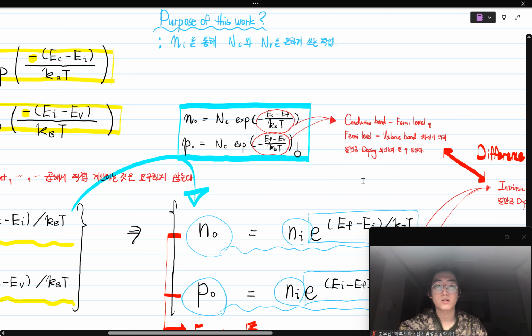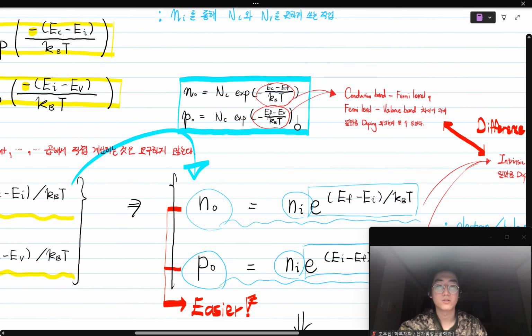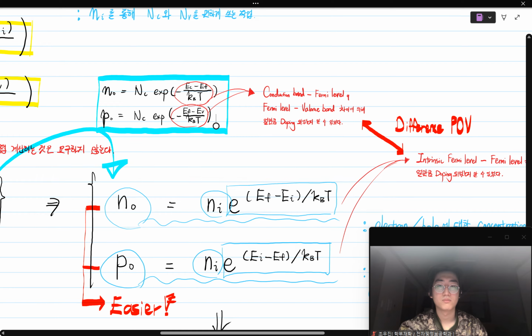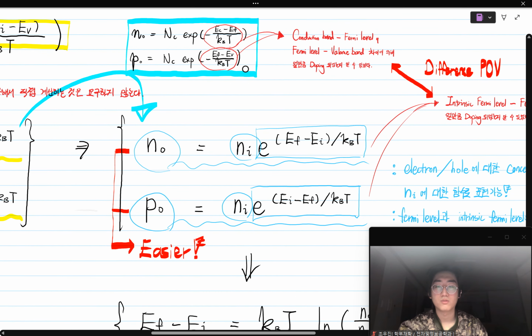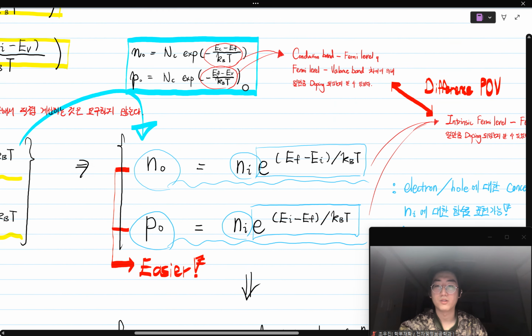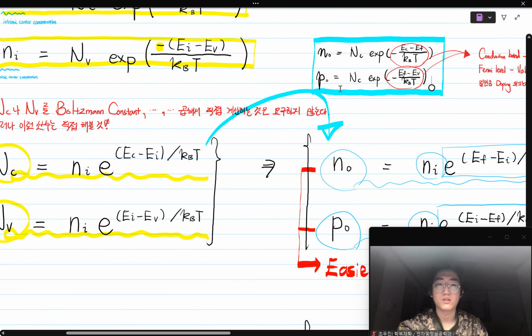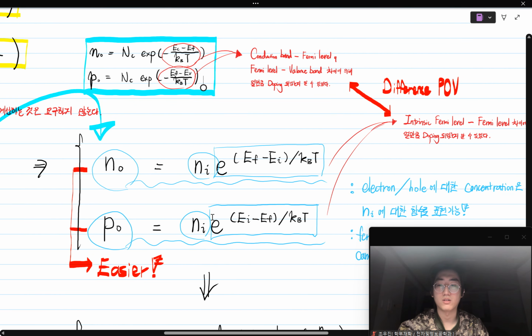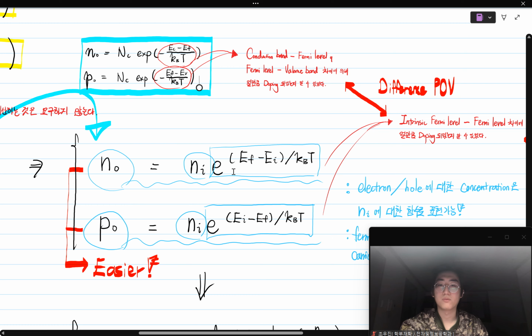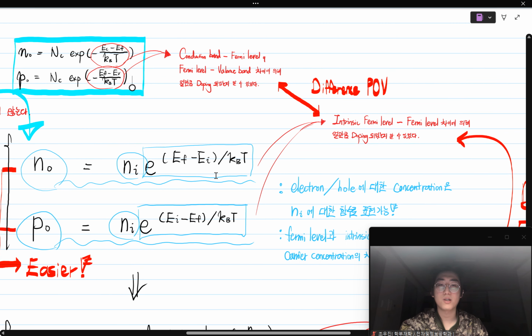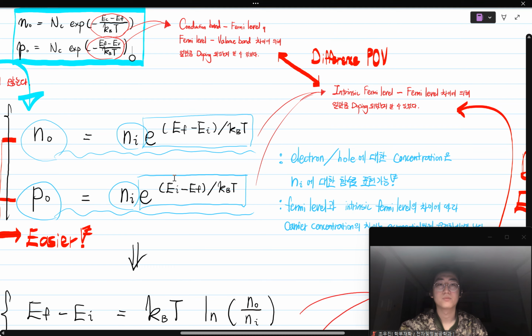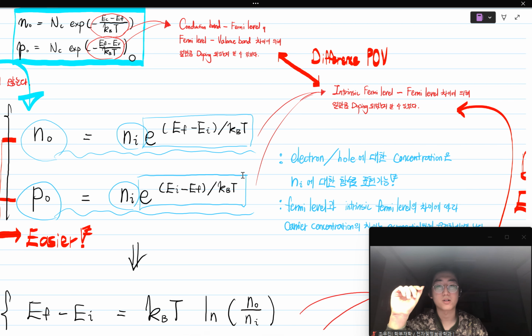So it tells us how much the dopants are doping. With this one and this one, we can get an equation like this, which shows how many dopants are doping in terms of the intrinsic Fermi level and Fermi level difference.